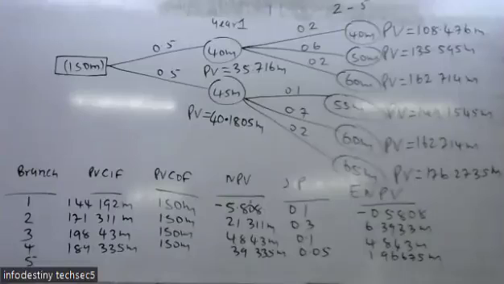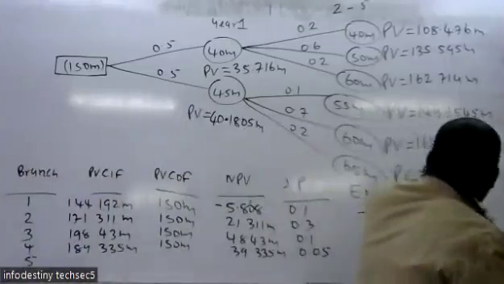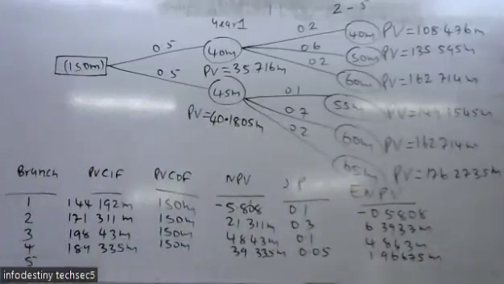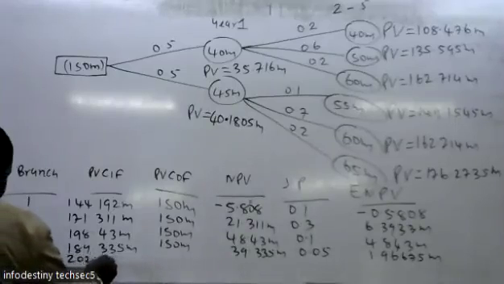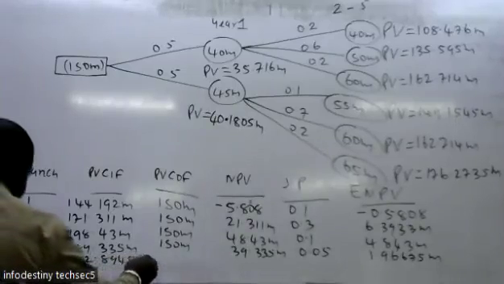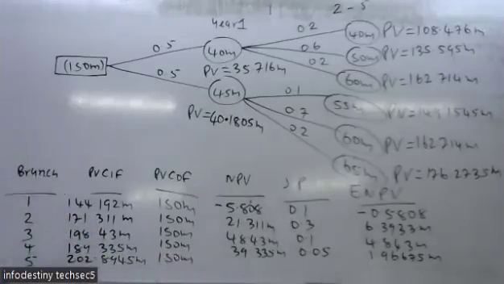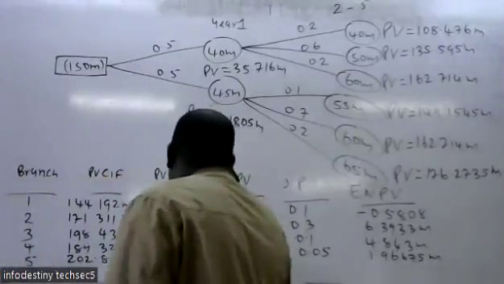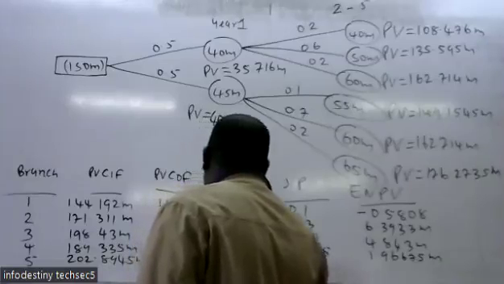So let us now go to branch 5. Branch 5 will add this one plus this, so it should be 202. Then this one still remains 150, which means it is 52.8945.